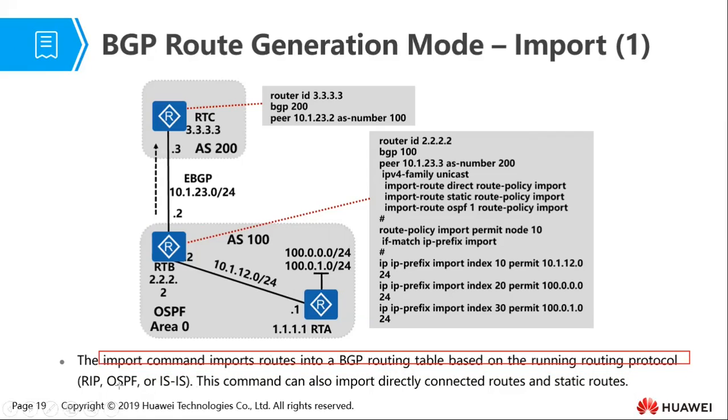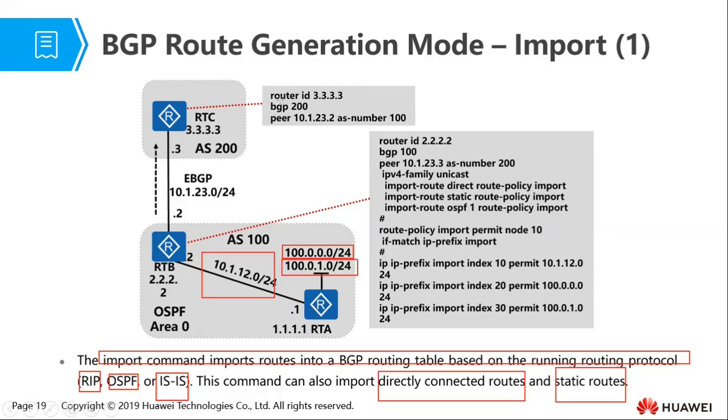So the import command can import routes from RIP, from OSPF, from IS-IS. It can also import direct routes, and it can also import static routes. The scenario is very similar here. This is a directly connected network to RTB. This one has been learned through static configuration, and this one has been learned through OSPF.